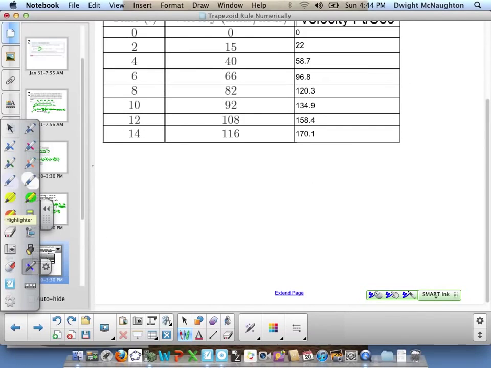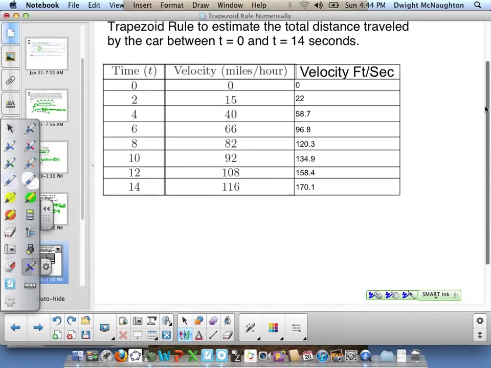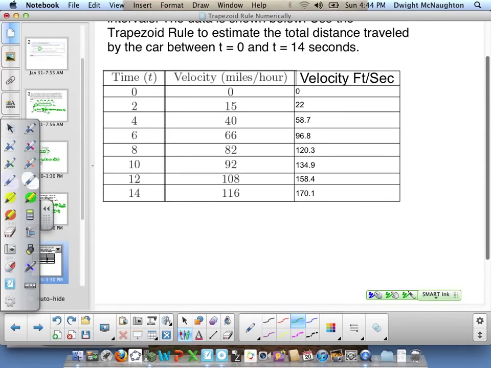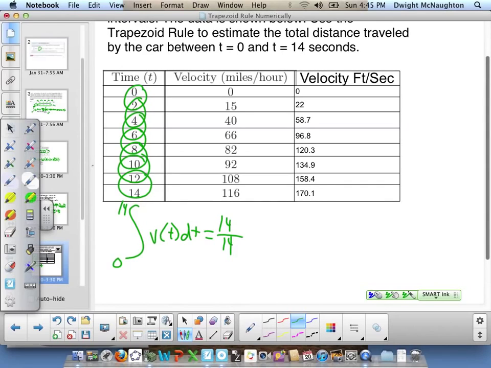The area underneath the velocity with respect to time from 0 to 14 is going to be 14 minus 0 over, and how many trapezoids do we got? 1, 2, 3, 4, 5, 6, 7. 2 times 7 is 14.